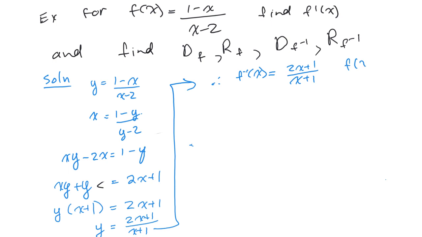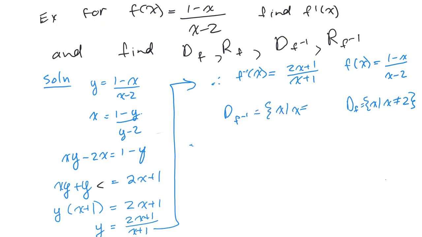And our original function is f of x is equal to, what was it, 1 minus x over x minus 2. Now, you can calculate the domain of f, and you can say that x such that x is not equal to 2. Stop there. Take a look at the range of f and the domain of f inverse. So the domain of f inverse is x such that x is not equal to -1.